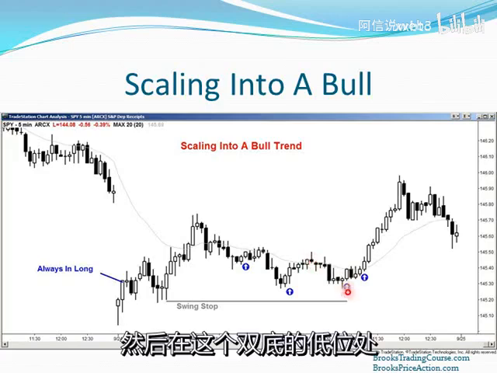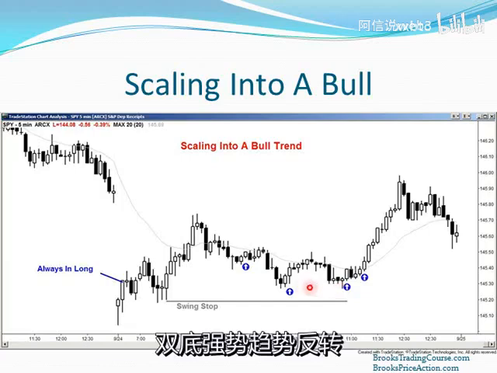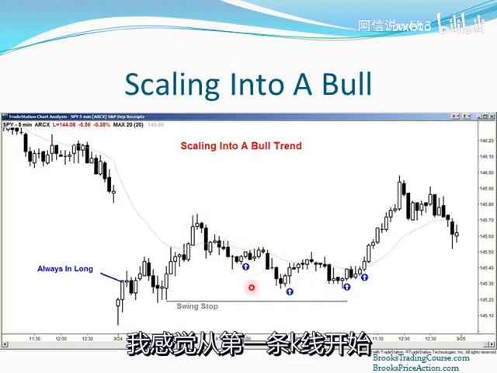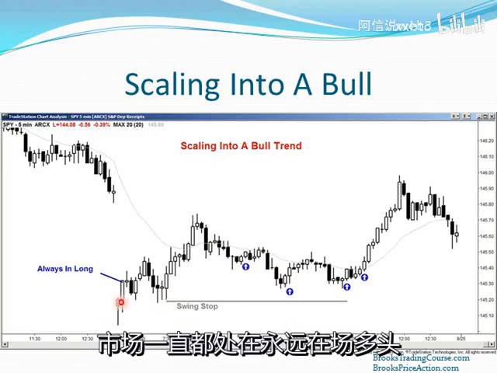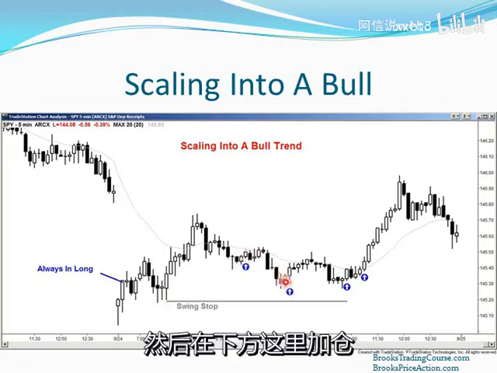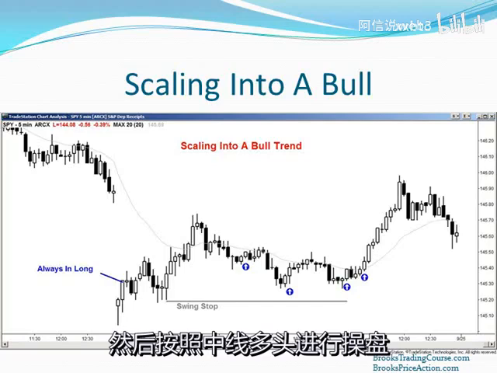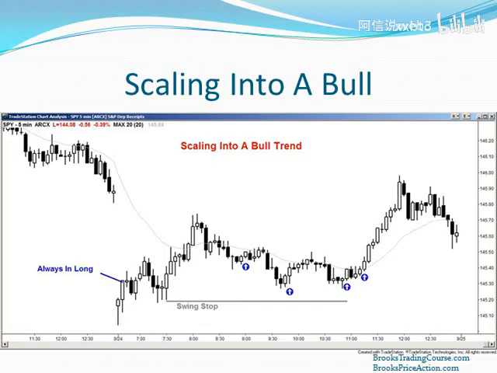And now we have a pullback to a double bottom with this low. So this is a double bottom major trend reversal for the bear trend that began here, the bear flag that began here. And we're still on the, I think, the always in long that began at bar 1. So traders could buy small here, add on here, or add on here or here, and manage the trade like a swing long.